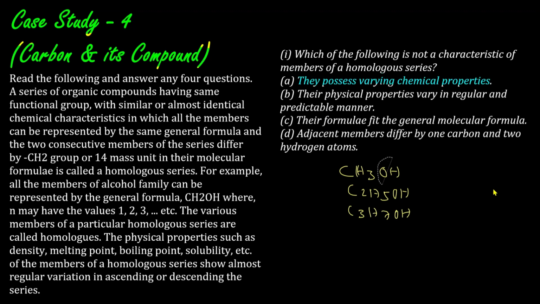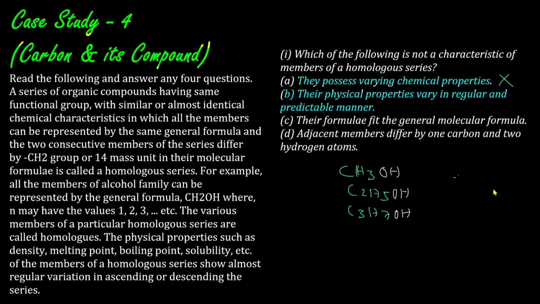Now, what you should remember, the chemical properties of these compounds are conferred by the functional group, right? And the physical property is determined by the carbon chain. This is what you should know. So as we can see, this statement is not correct. Now, if I read the next part, it says the physical properties vary in a regular and predictable manner.